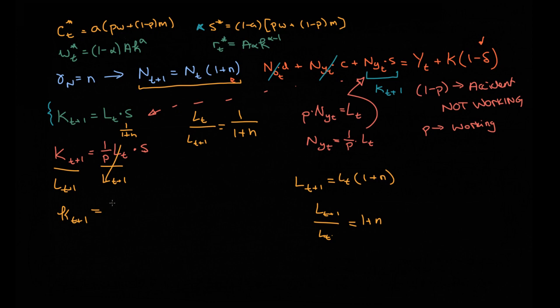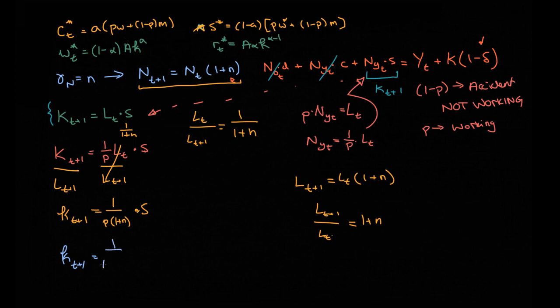So we find 1 over p times (1+n) times s. And we know s. S is right here. It's already got a little star. So s star is this guy here. And we know the wage. The wage is going to be the equilibrium wage here. So let's plug all of that in so that we can draw a beautiful box around our k_{t+1}.